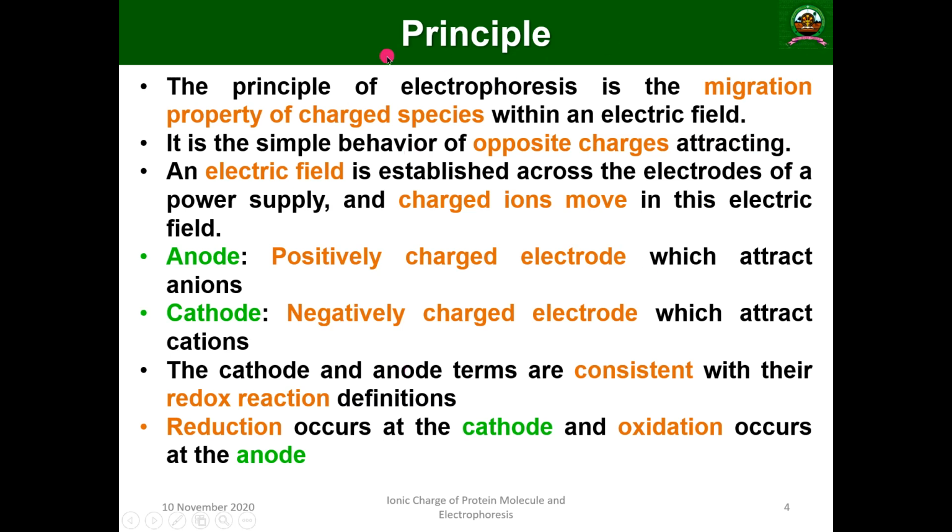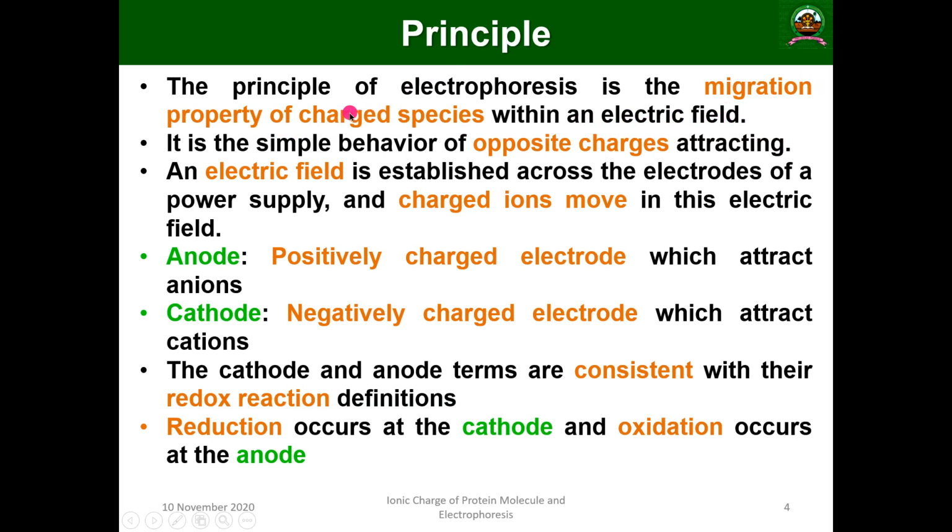And what is the principle? It is simple, you know the cathode and anode principle. The principle of electrophoresis is the migration properties of charged species within an electric field.